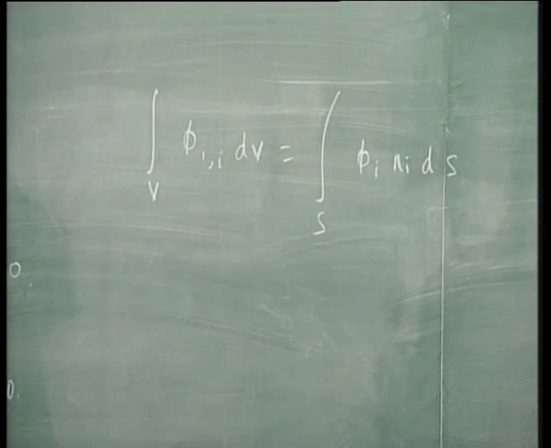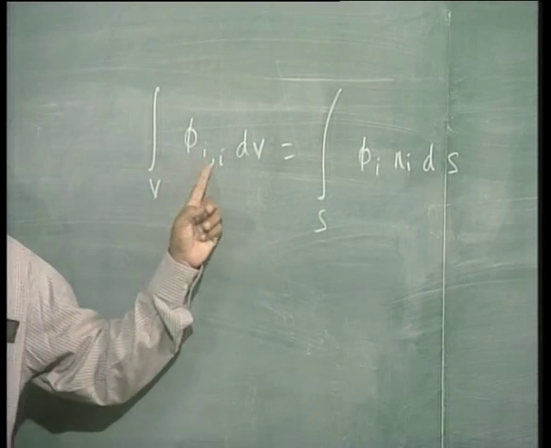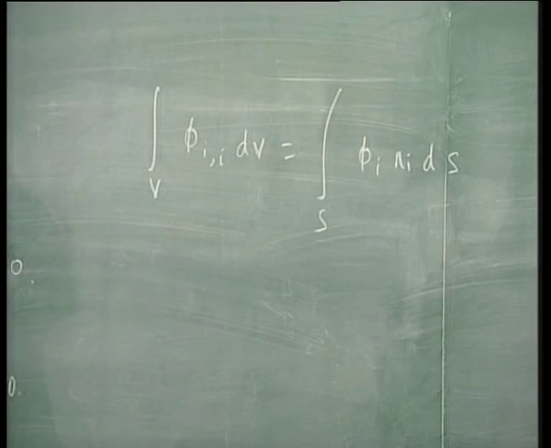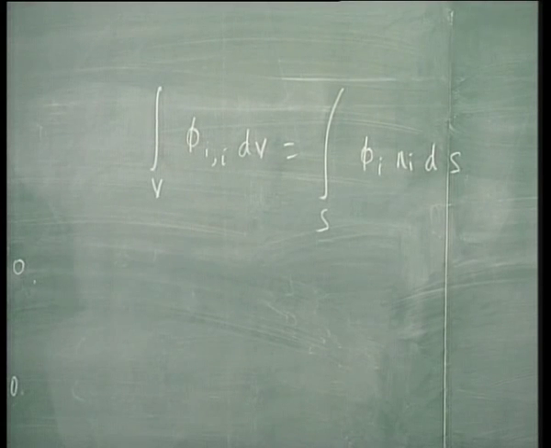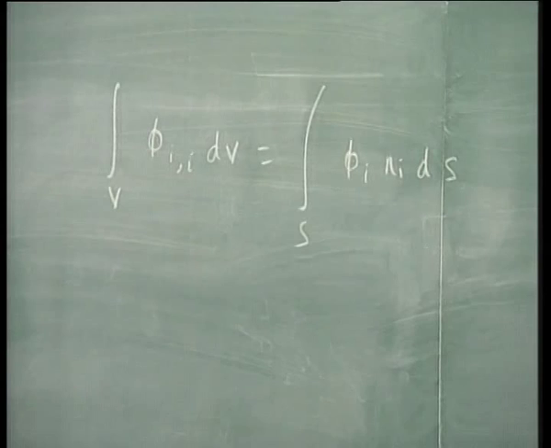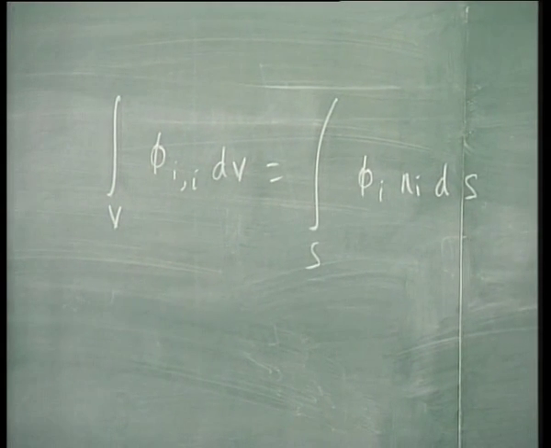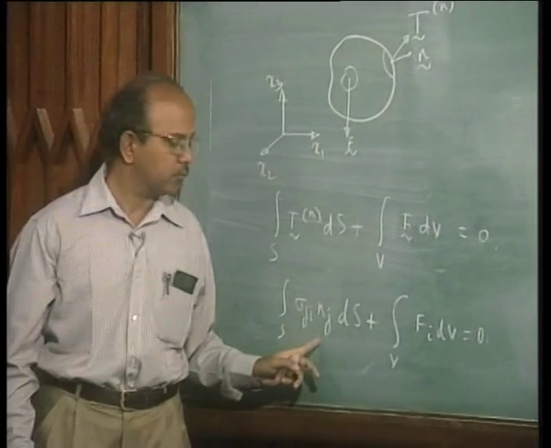This is what we had talked about in the last class. I had already said that this comma means differentiation with respect to xi and so on.